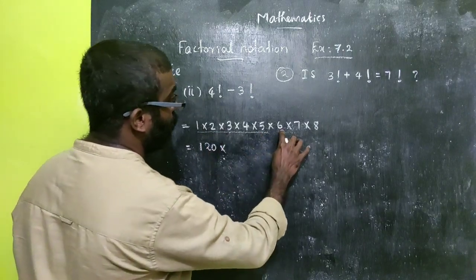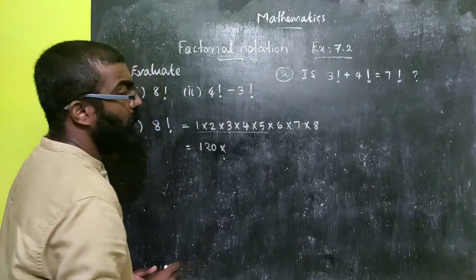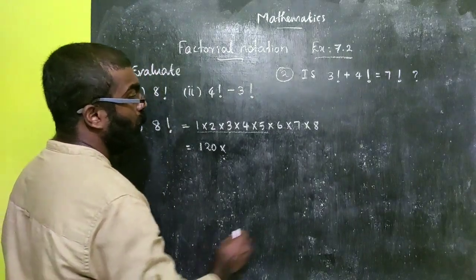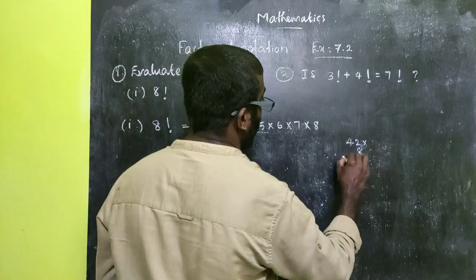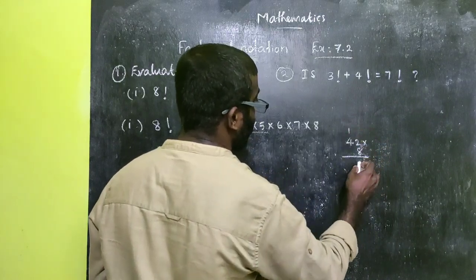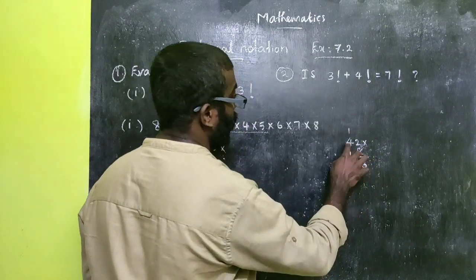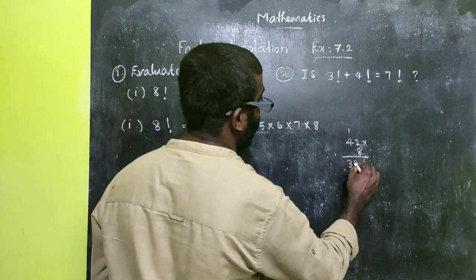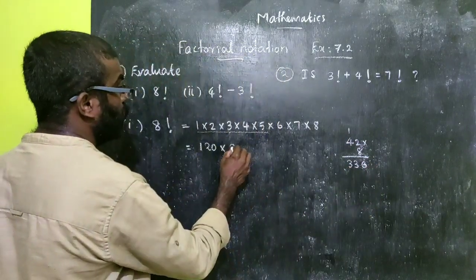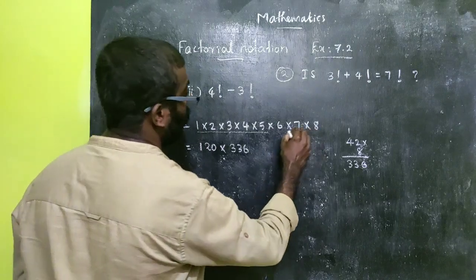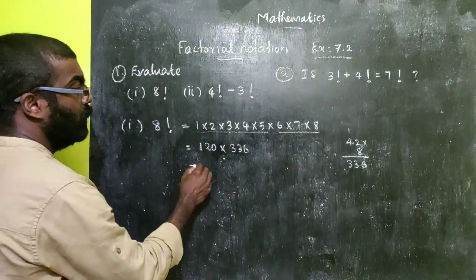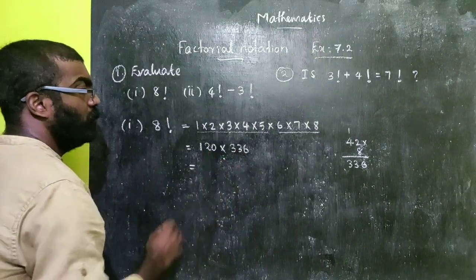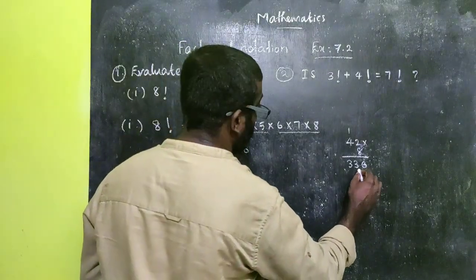So up to this part we get 120. Then we can multiply 6 into 7. 6 into 7 is 42, and 42 into 8. Here 42 into 8 is 8 2s are 16, 1 balance. 8 4s are 32, 32 plus 1, 33. 336. So if we combine these three, we get 336. Now we can multiply these two numbers. 336 into 120.